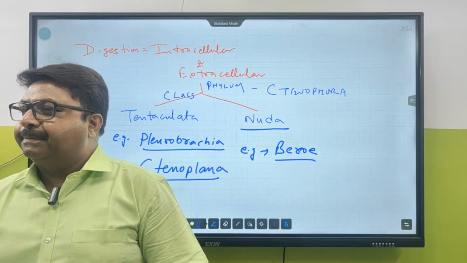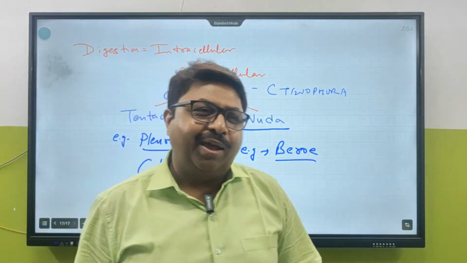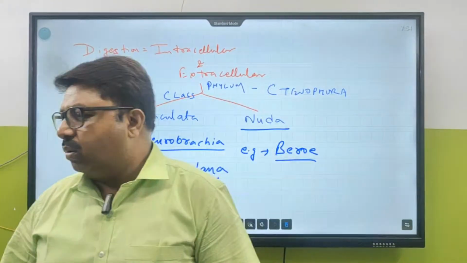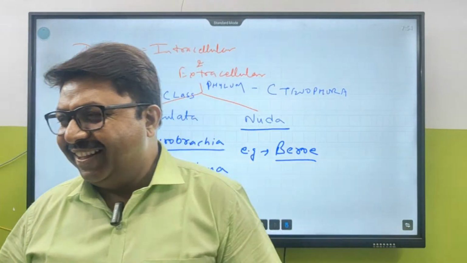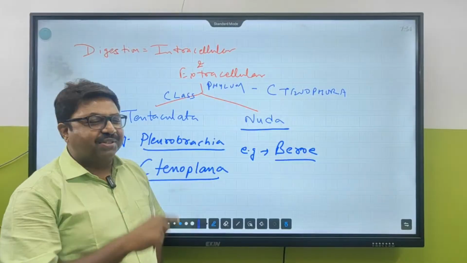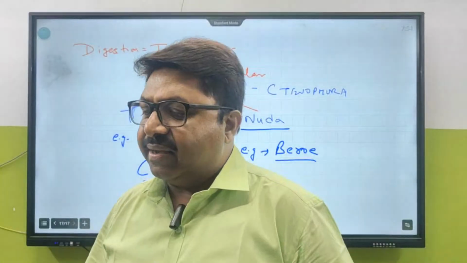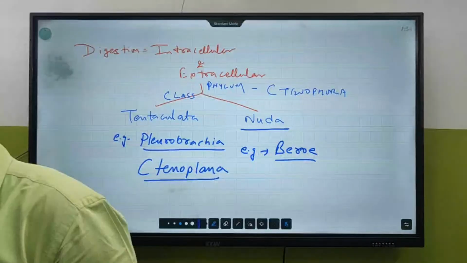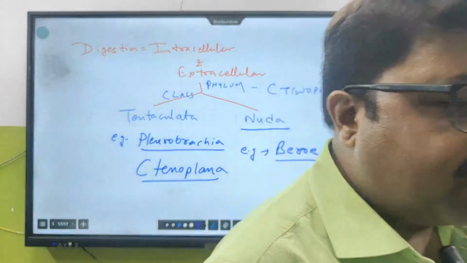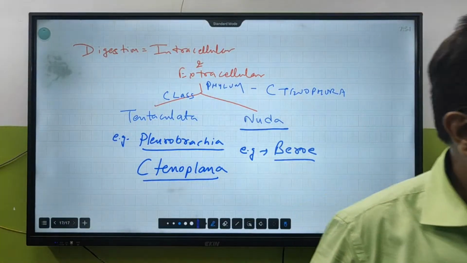Got the idea? B-E-R-O-E. Beroe. Okay. So this is it. Clear? I think only one example is given in your book. Only one example has been given in your book. Pleurobrachia has been given. Ctenoplana. Oh, done. So we have got another one.